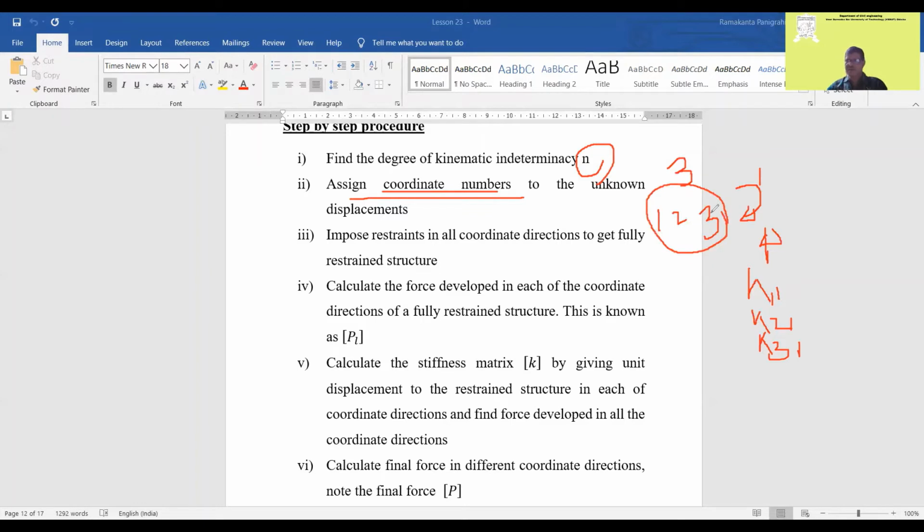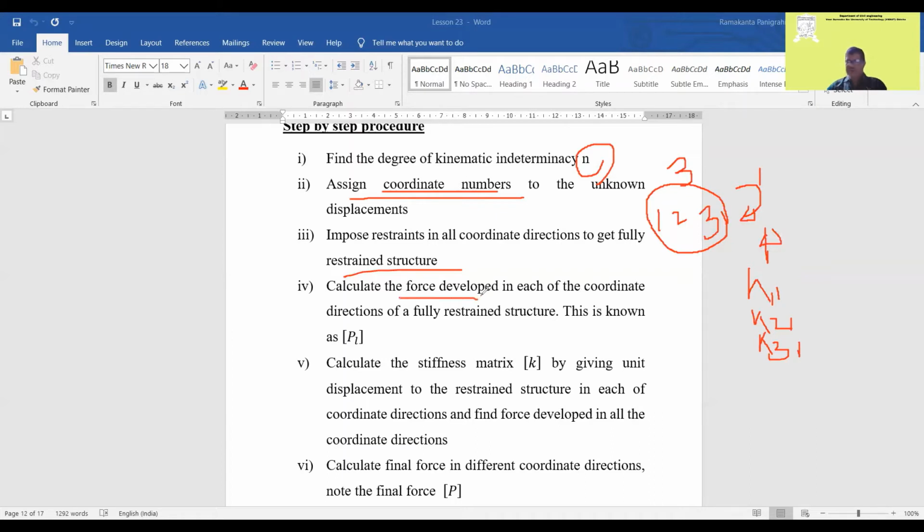So after finding the number of kinematic indeterminacy, assign the coordinate numbers. Then impose restraints in all coordinate directions to get a fully restrained structure. Now you fix all the spans. By fixing all these spans, you can find the fixed end moments. So calculate the force developed.